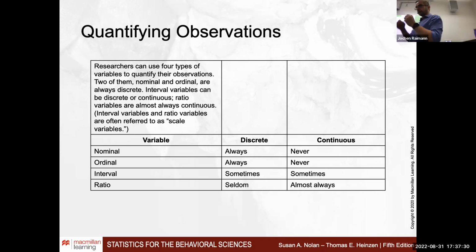Also of note, and now it's getting really complicated, these continuous variables you can discretize. You can basically transform them into discrete variables by just defining ranges. So if you have age from 0 to 100, you can bulk them into age groups, and you have transformed them into a discrete variable. That's interval, that's ratio.